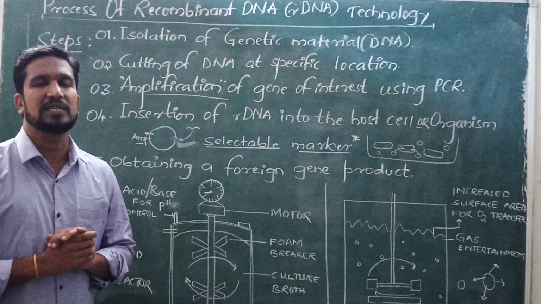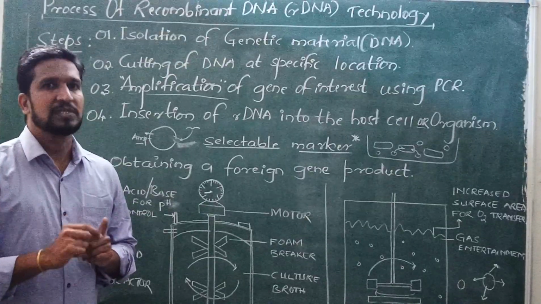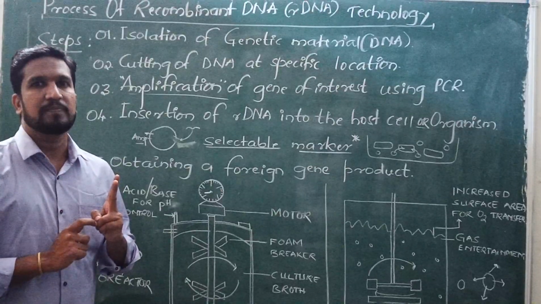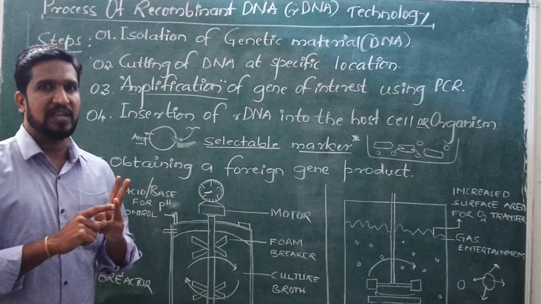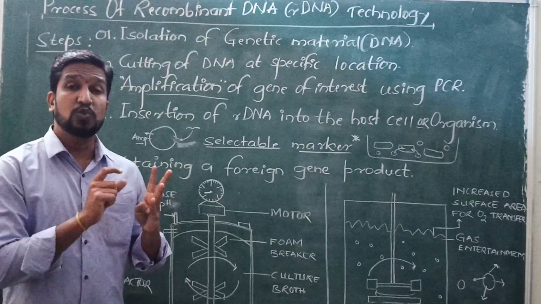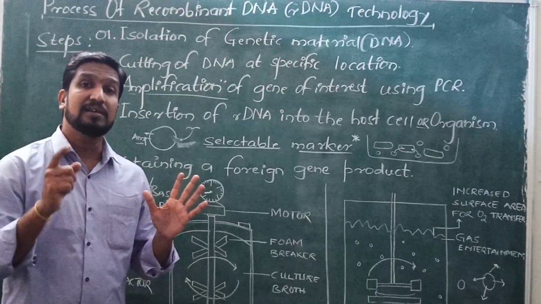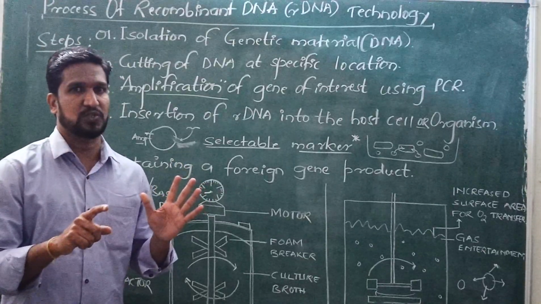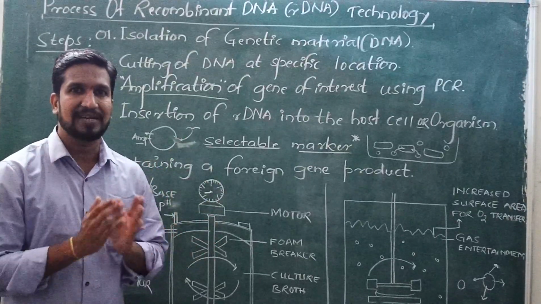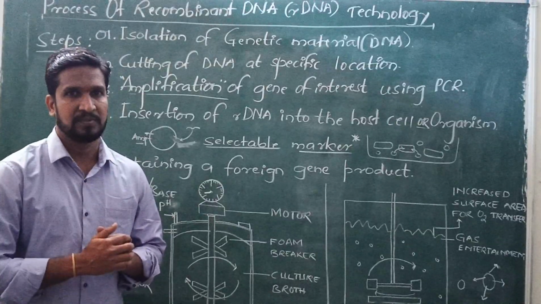Genetic engineering is nothing but finding the desired gene, cutting it at a particular palindromic sequence, amplifying it, and transforming it into the host with the help of a vector. Those transformants are cultured in a large bioreactor tank for production of the product.